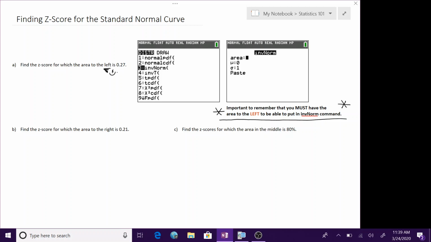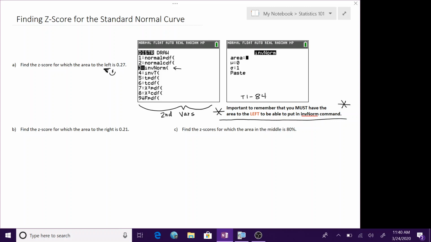So one of the first things we need to remember is how to get to this menu right here. We're going to go to second, vars in our calculator, and we want to come down to number 3. Once you do that, this is what your screen should look like. If you have a TI-84, this is what your screen will look like.